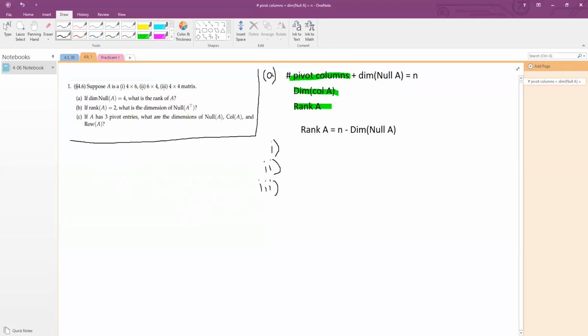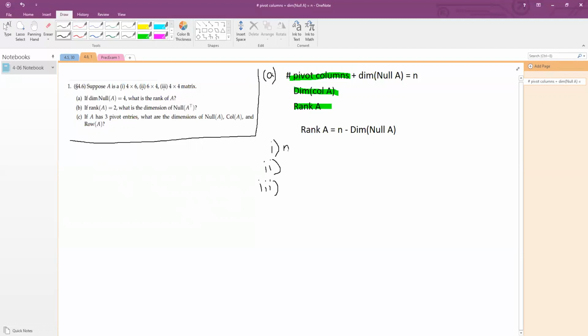All right, so let's do 1 for this one, and then maybe we'll go to B, and I'll leave you guys with the rest of them. So for A, we have a 4x6. Remember, we're interested in the number of columns here. It's m by n, rows by columns, and columns is going to be 6.